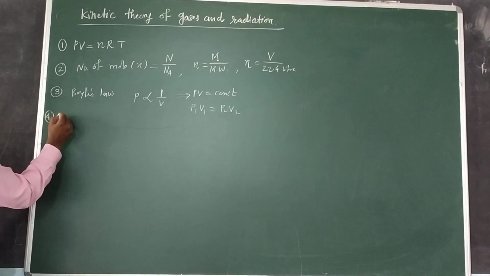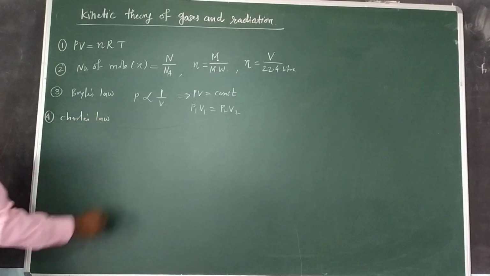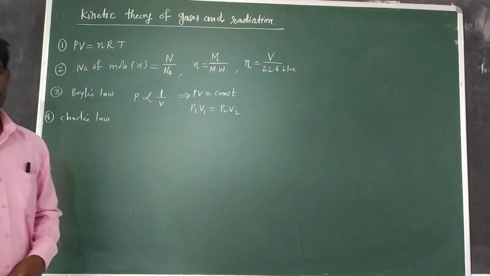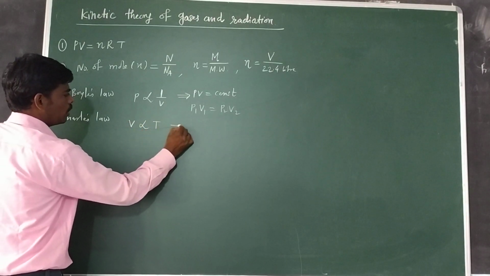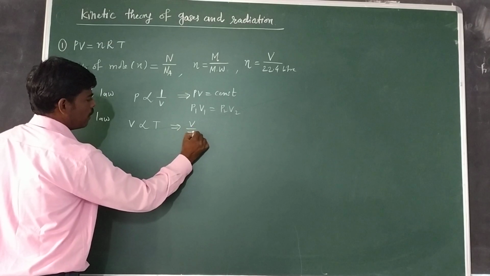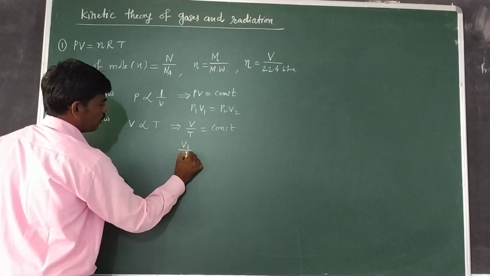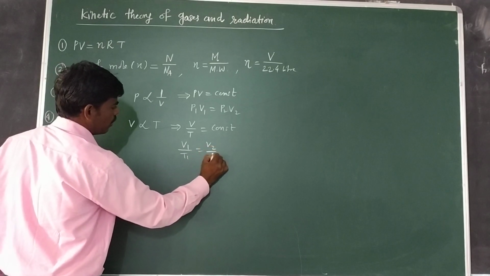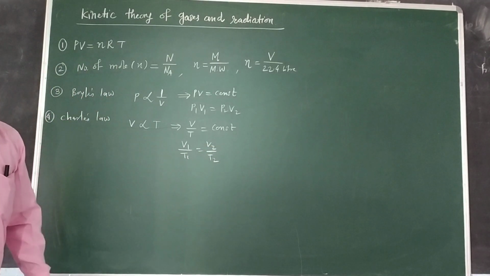Then Charles' law. According to Charles' law, at constant pressure, volume is directly proportional to temperature. That is, V by T remains constant. You can write V1 upon T1 is equal to V2 upon T2. This condition we can use in problems.